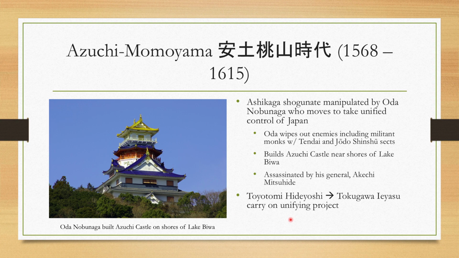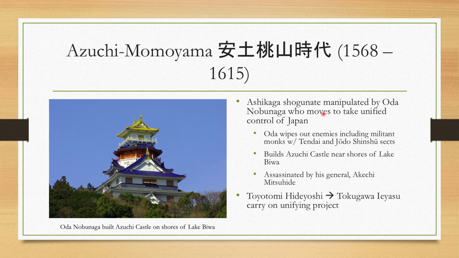Then there's a period of fighting, which is also known as Sengoku Jidai, but as well it's referred to as the Azuchi Momoyama period, again taking its title from place names.